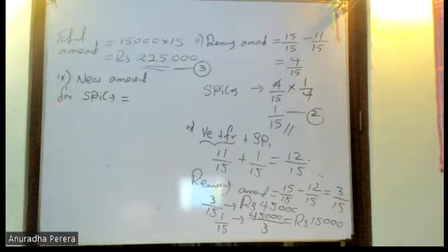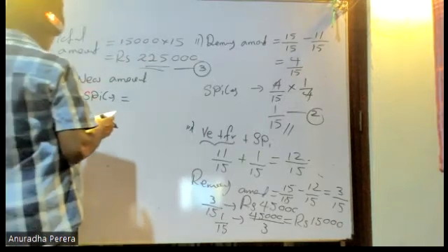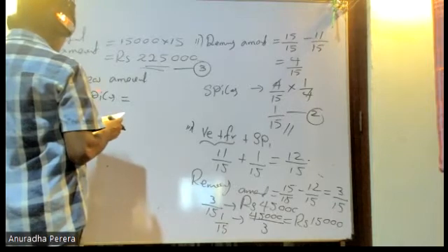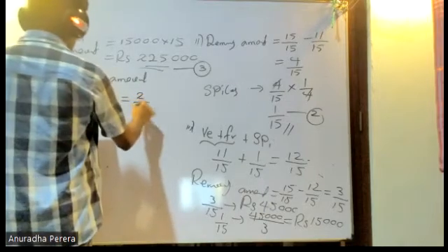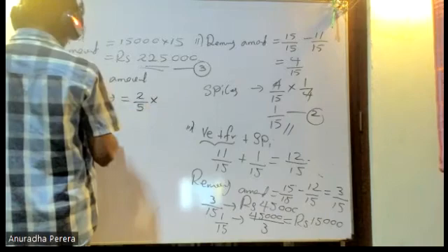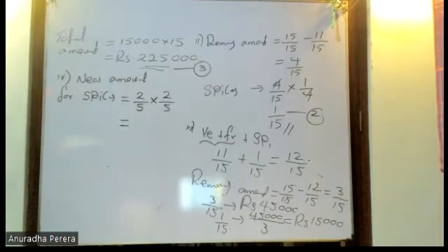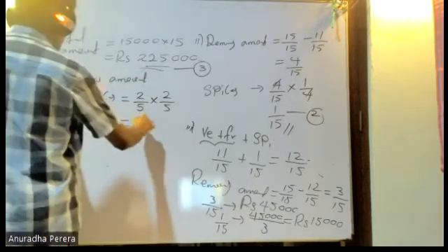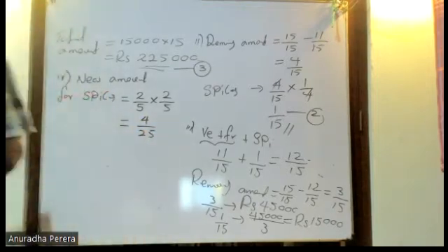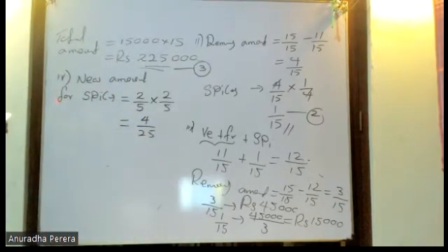For fruits we found 2/5, so 2/5 of 2/5 is 4/25. Now this is the new amount.